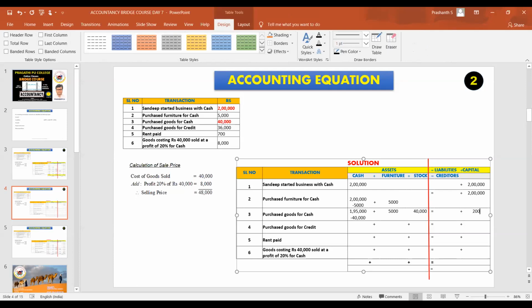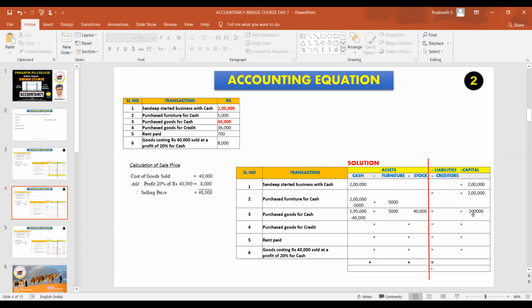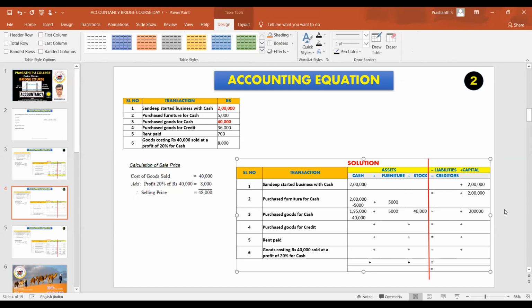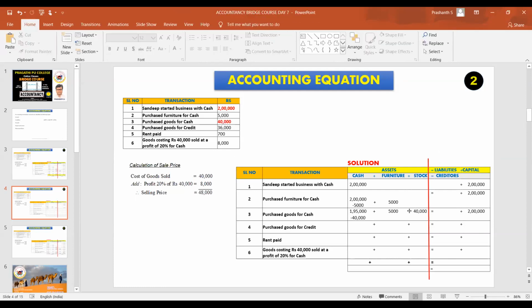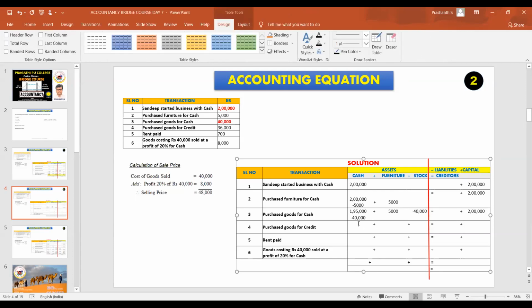So 2 lakhs is coming into the picture here. Clear? Next, how much will it become? 1,95,000 minus 40,000, that is 1,55,000.